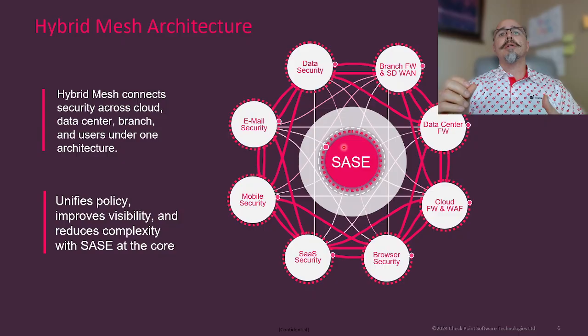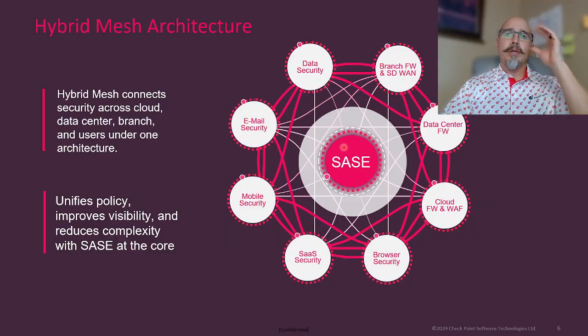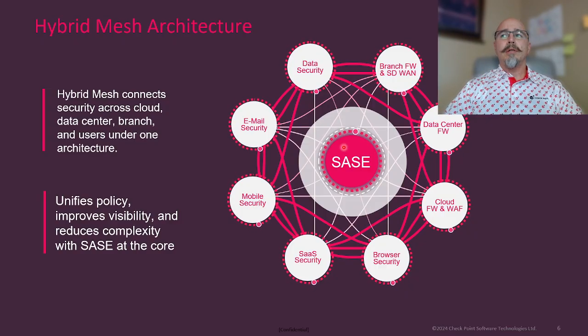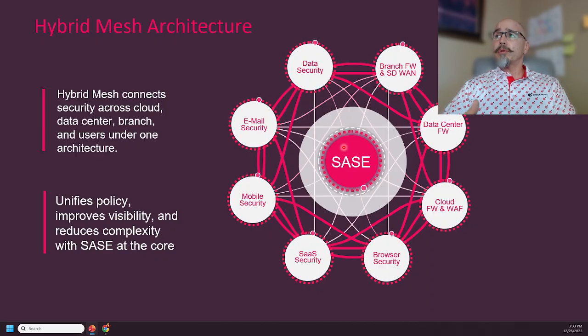It's a full mesh network which allows remote users, branch offices, and cloud resources to connect to each other directly and securely and over redundant paths. So just a significant upgrade in the architecture design. And all of this happens over a centralized, unified fabric where we manage security and provide visibility through our Infinity portal. So let me jump into the demo portion of this now.